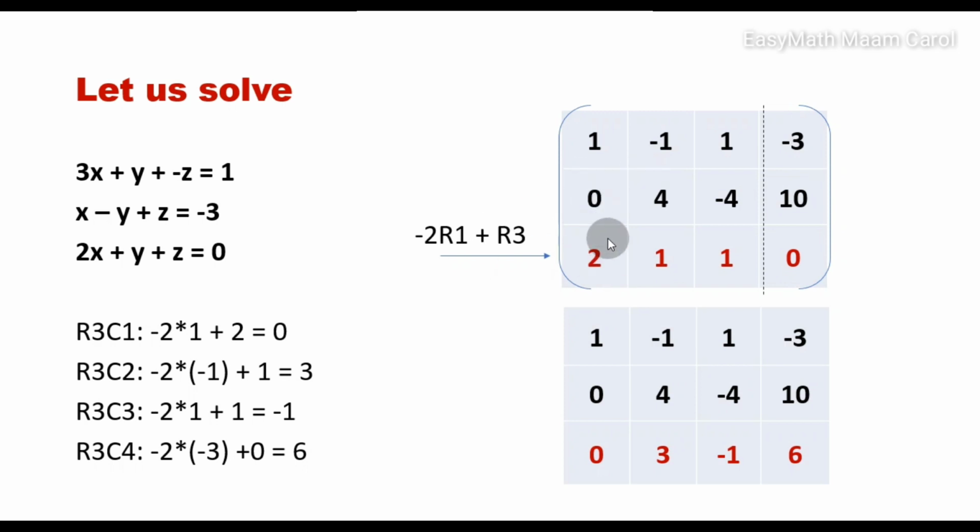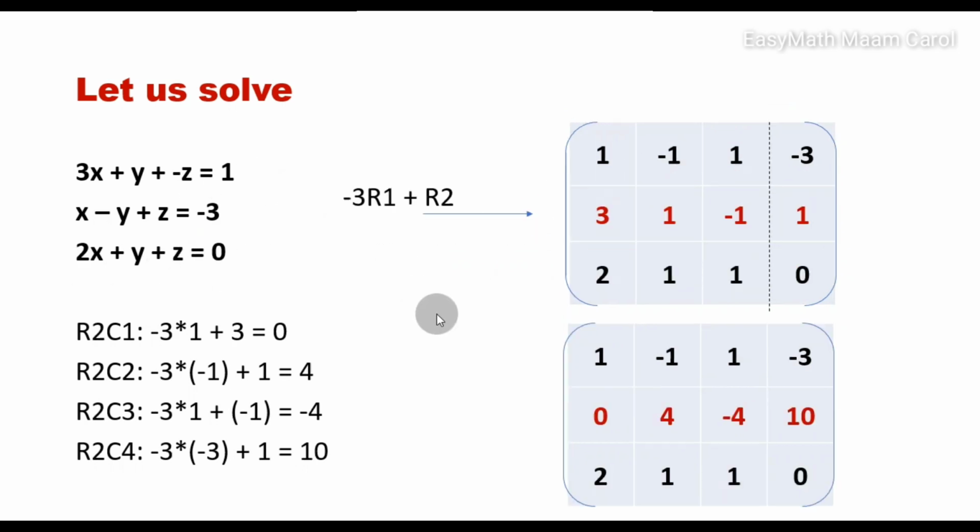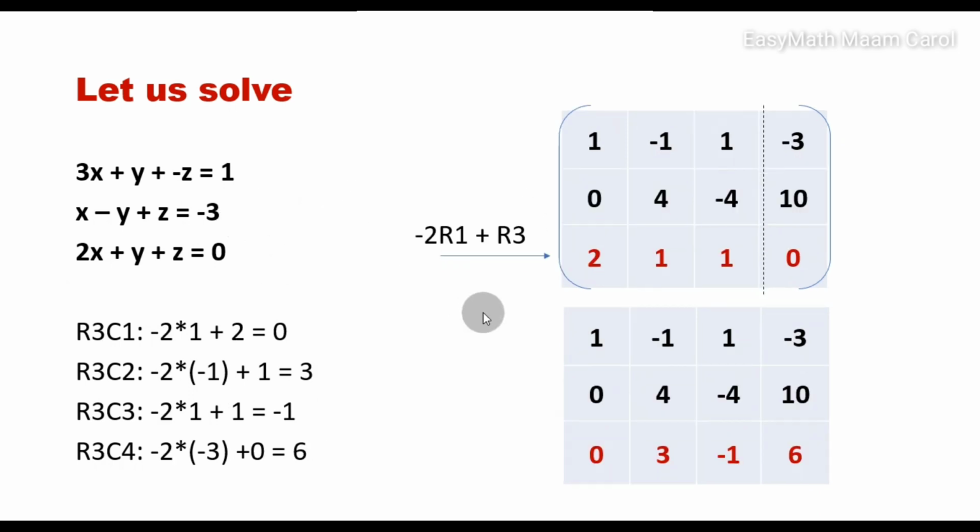Kaya naglagay ako ng negative 3 kanina. See? 3 siya, kaya negative 3 yun. Next, ito ang papalitan ko. Again ha, yung technique. Yung third row ang papalitan, kaya siya yung nasa huli. Okay? So, negative 2 ang coefficient kasi 2 yung first element ng third row.